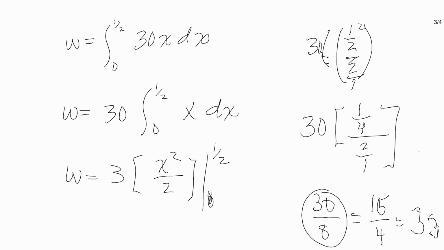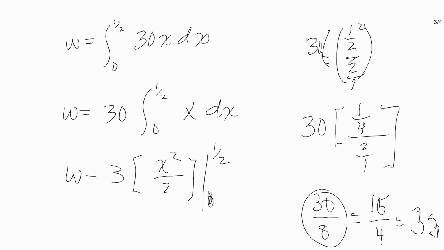No, it's not work. Yeah, you're right. The force, when it starts off, it starts with force. Work is equal to force times what? Distance. So why do you use 0 to 1/2 and not 1/3?